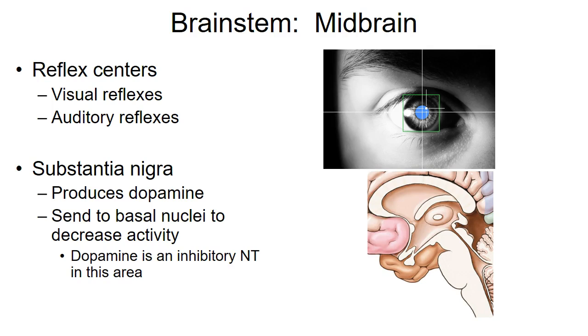So neurons in this area produce dopamine, and they send that information to areas of the basal nuclei to smooth out activity. So individuals that don't have this smoothing effect, they have problems with having coordinated, smooth movement.